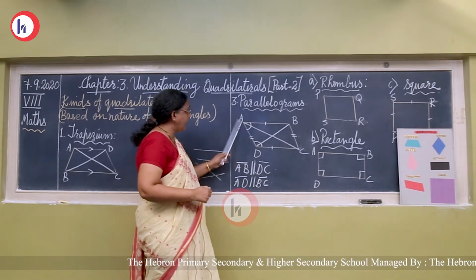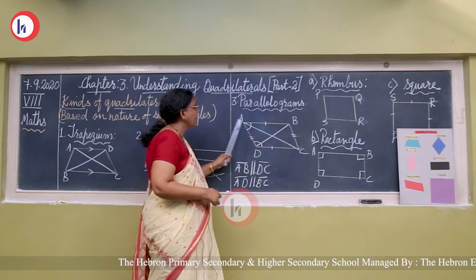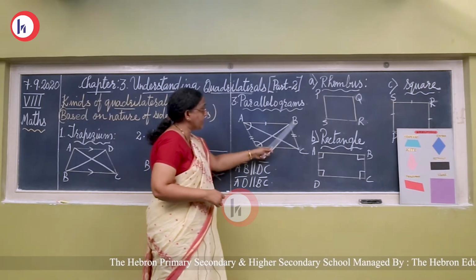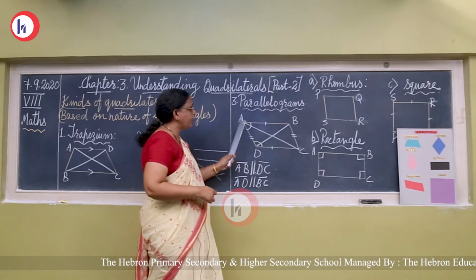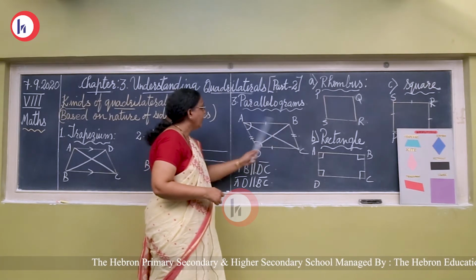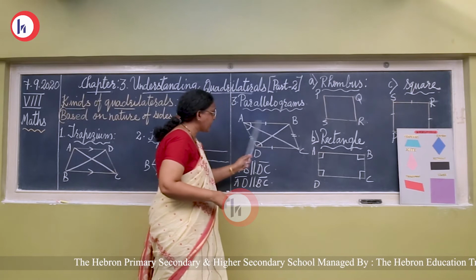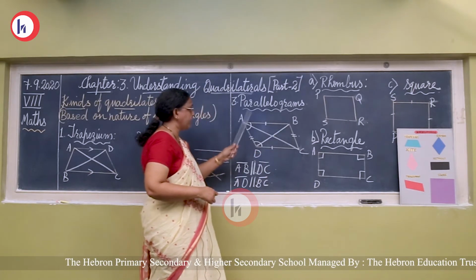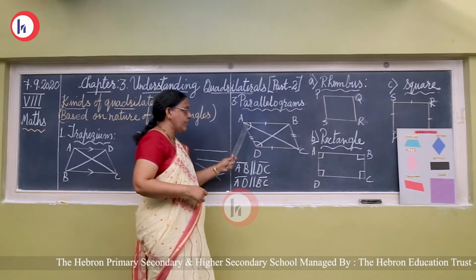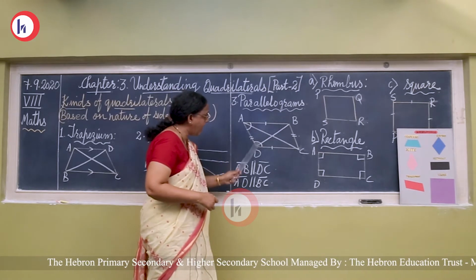The sides adjacent to AB are AD and BC, which touch and are continuous with that line. That we call adjacent sides, and the same way adjacent angles.